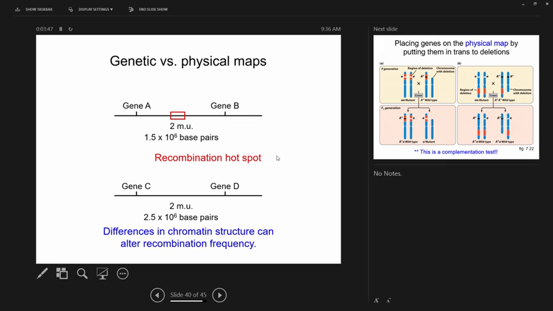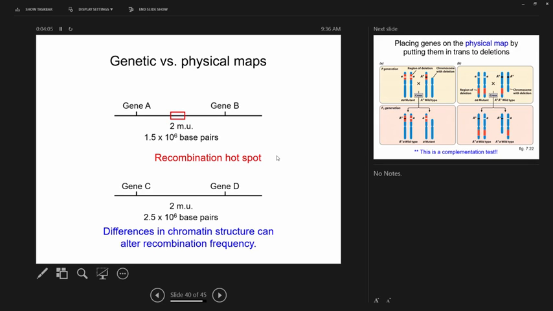So what happens is throughout the genome, I've lied to you again. Remember I said if you have one end of the chromosome and the other end of the chromosome, you can divide it into 100, and there's like a 1% probability of recombination in any one of those spots. That's not true.